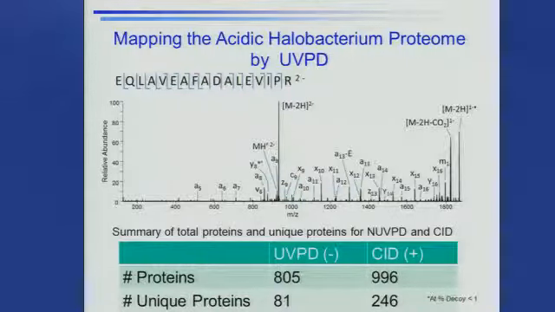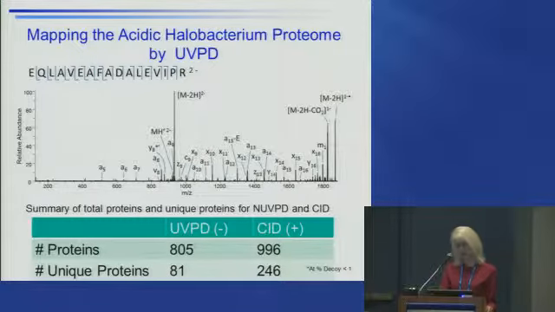The total number of proteins and unique proteins for the UVPD in the negative mode versus CID in the positive mode. Once again, CID in the positive mode performs admirably. You have nearly 1,000 proteins identified. In terms of unique proteins relative to UVPD, there were 246.